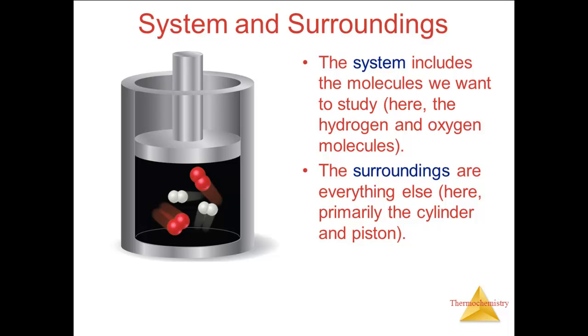A careful choice of exactly what we want as the system and what we want as the surroundings can make a problem much easier to deal with. For example, if we have a chemical reaction occurring that produces a gas as a product, whether we include the gas as part of the system can make a big difference in how we deal with the energy change.